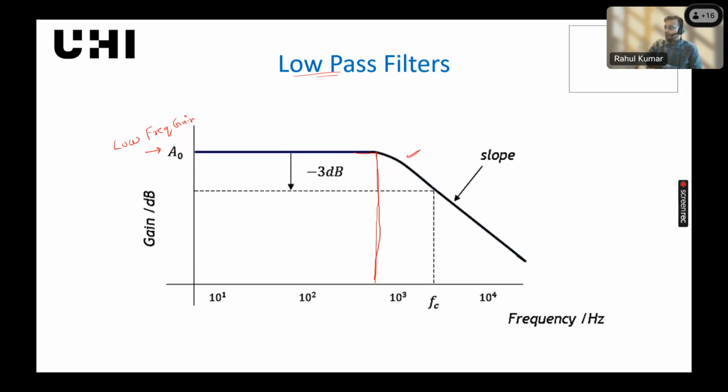So in a low pass filter, we allow all the frequencies to pass until the gain drops by 3 dB. Right? So from this low frequency gain, this is your minus 3 dB. So this is the point up to where the low pass filter will allow all the frequencies.